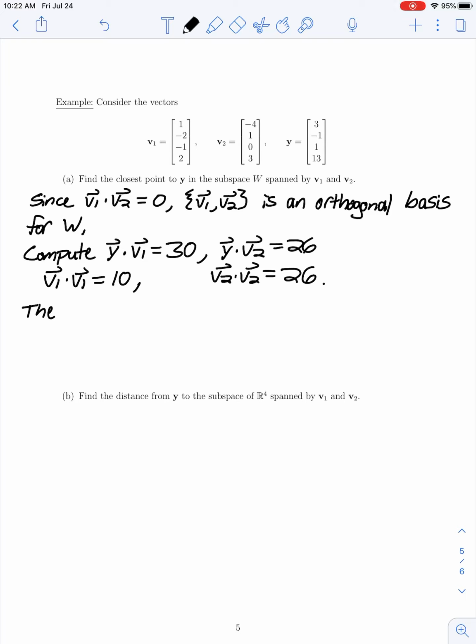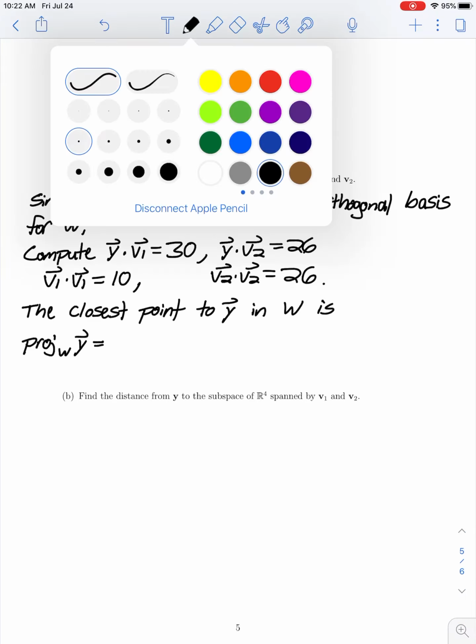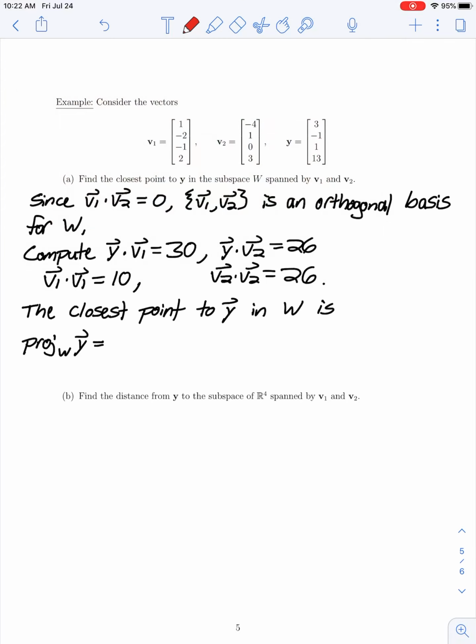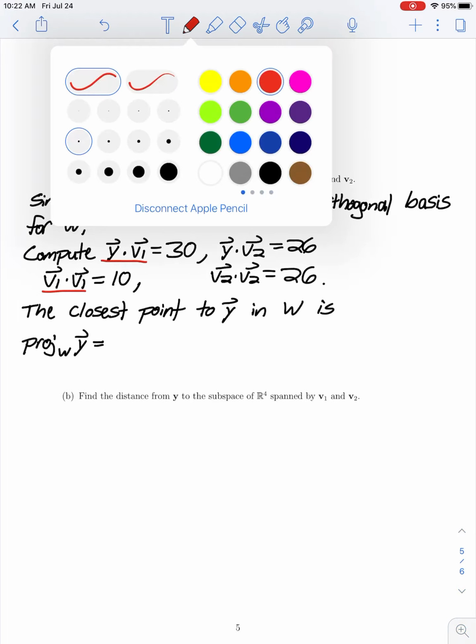So the closest point to the vector y in the subspace W is given by the orthogonal projection of y onto W. So again, using our orthogonal decomposition theorem, we would have our first weight as the ratio of the dot product of y with v1 over the dot product of v1 with itself.